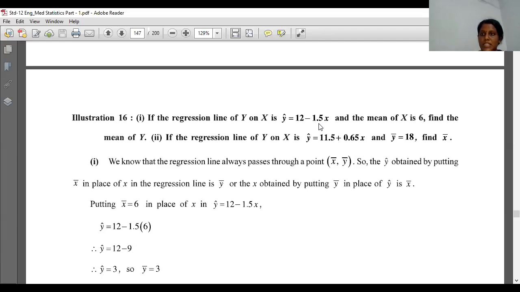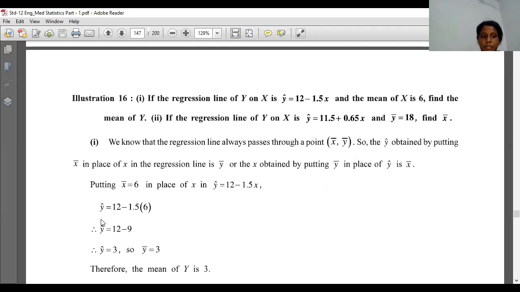According to our formula, plus should be there, but if the value of b is minus 1.5, then here it is taken as 12 minus 1.5x. So we will take a as 12 and b as minus 1.5, right?